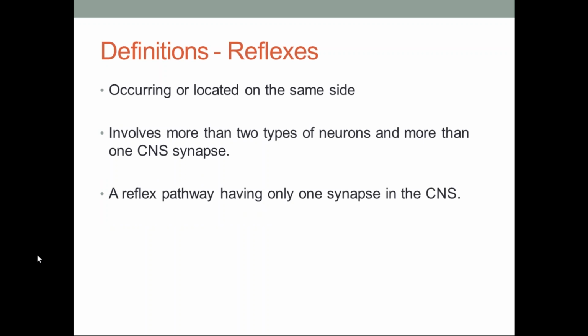All right. So what does occurring or located on the same side? What word? Good job, ipsilateral. Involves more than 2 types of neurons and more than 1 central nervous system synapse.